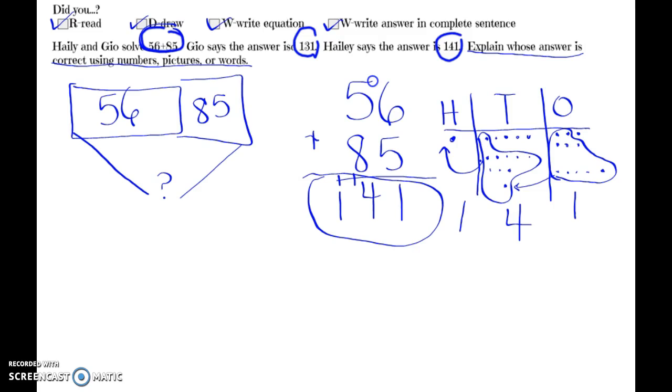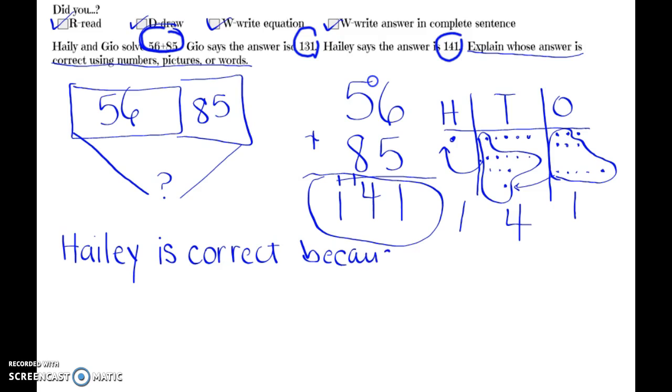So I'm going to write Haley is correct because 56 plus 85 does equal 141.